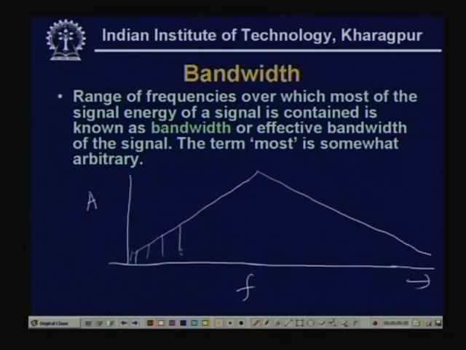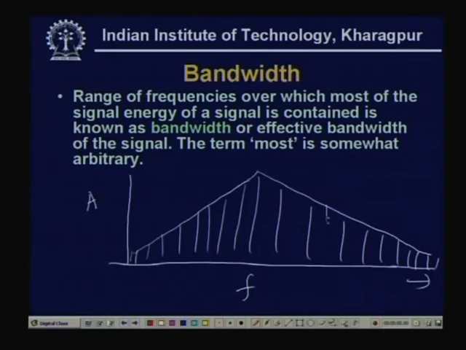The signal has infinite frequencies in this range. Obviously, the spectrum of the signal is spreading from the lowest to the highest frequencies.